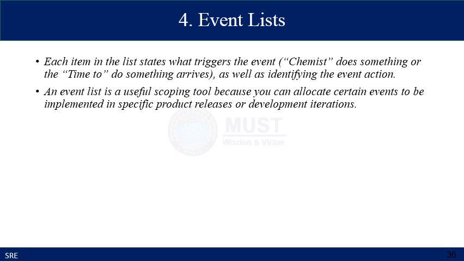Each item in the list states what triggers the event. Chemist does something, or the time to do something arrives, will identify the event action. An event list is useful for scoping because you can allocate certain events to be implemented in specific product releases or development iterations.